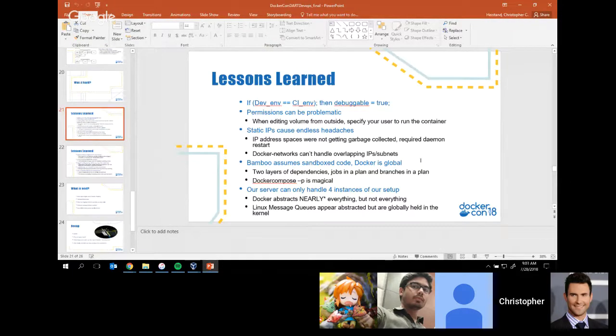Yeah, that's a good point. We looked at multi-stage builds, and we looked at trying to split the build and the run environments as well.